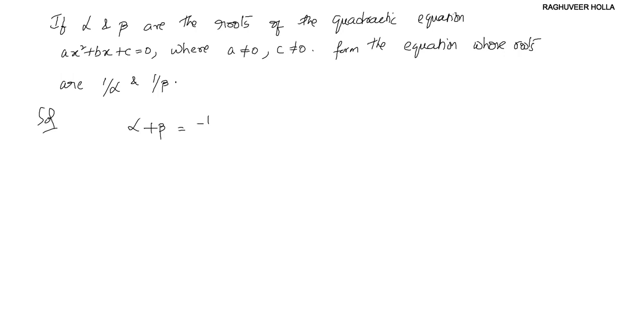So we have alpha plus beta is equal to minus b by a, and alpha into beta is c by a.